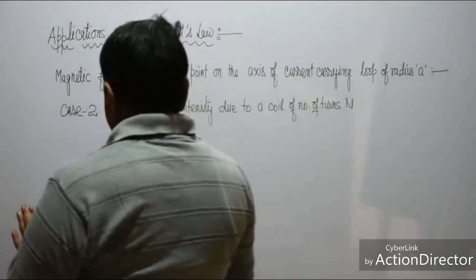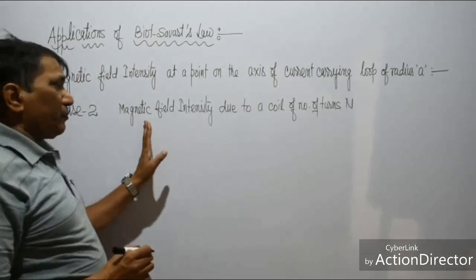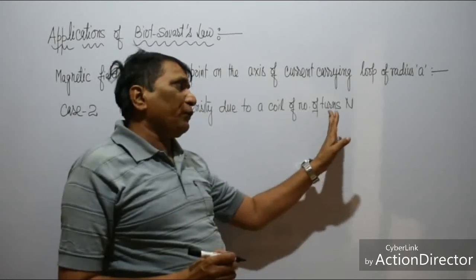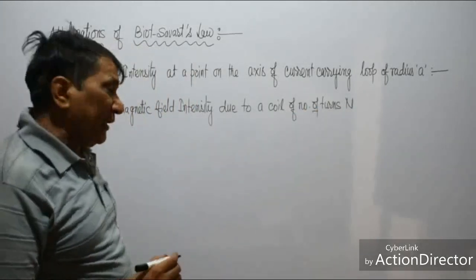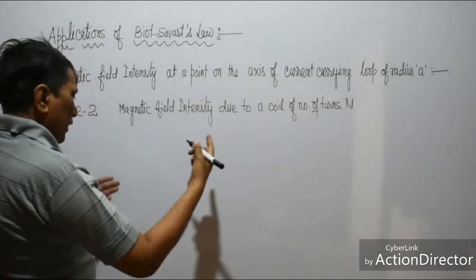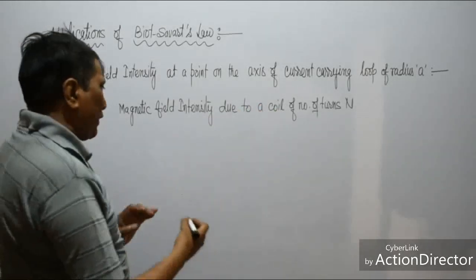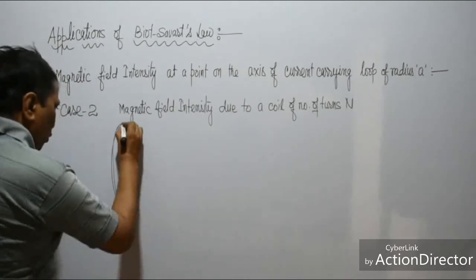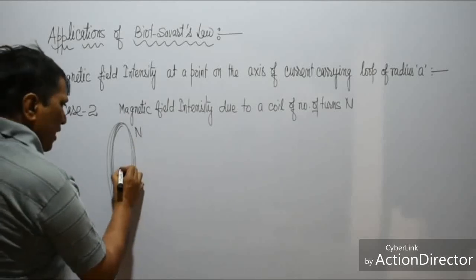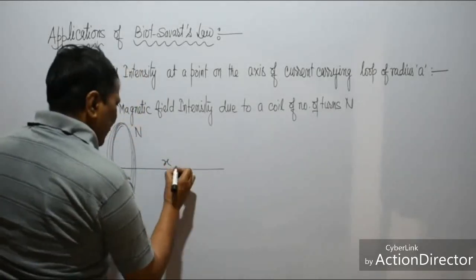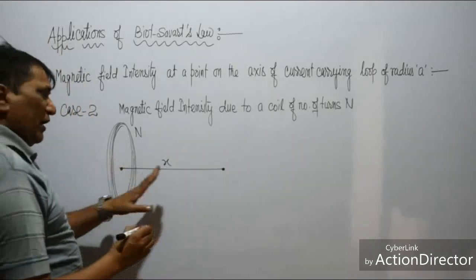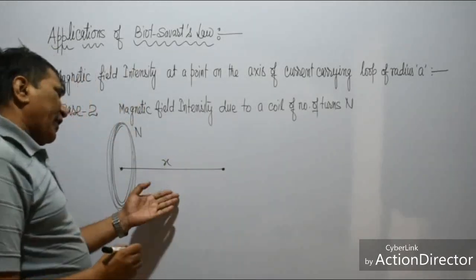The next case which we are going to discuss is the magnetic field intensity due to a coil of number of turns capital N. If you take a point on the axis of the coil, this is a coil having number of turns capital N, and you take the point at a distance x from the center of the coil, what would happen?